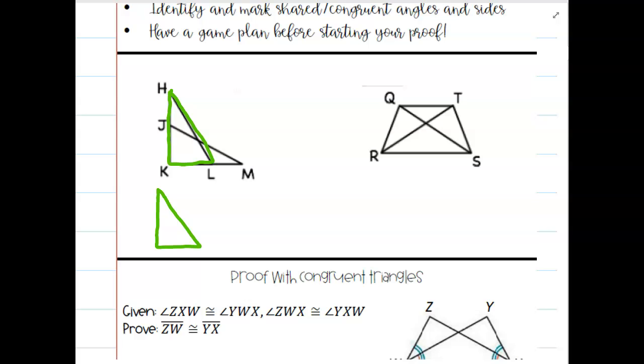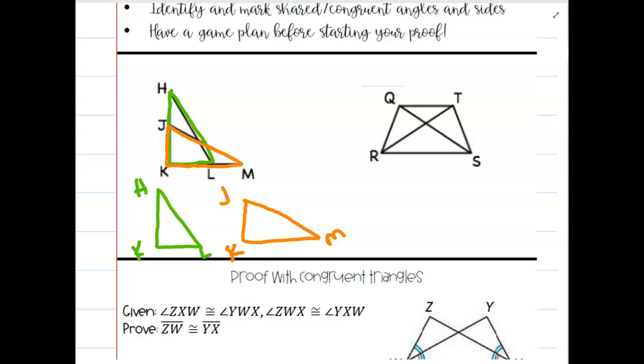Now whenever you do this, make sure you label it. So H, K, L. The other triangle would be this one right here. It's kind of laying on its side. If I copied that one down, this would be triangle J, K, M. So that's one thing we want to do: separate it out, copy down our 2 triangles.